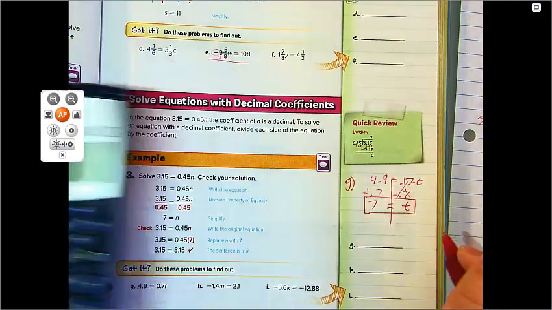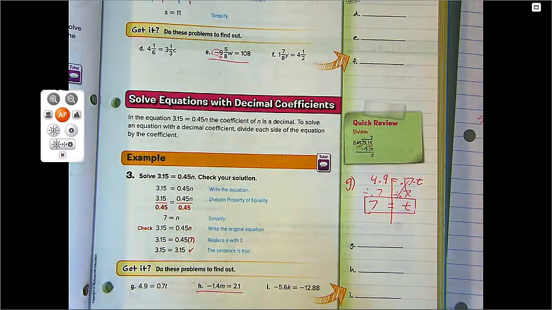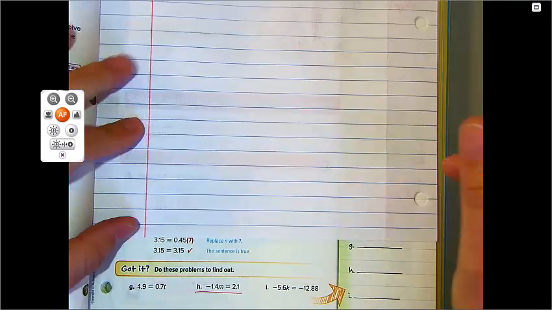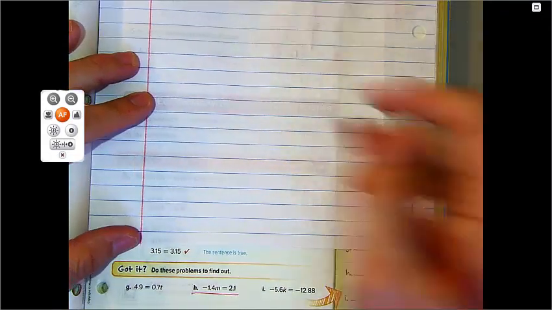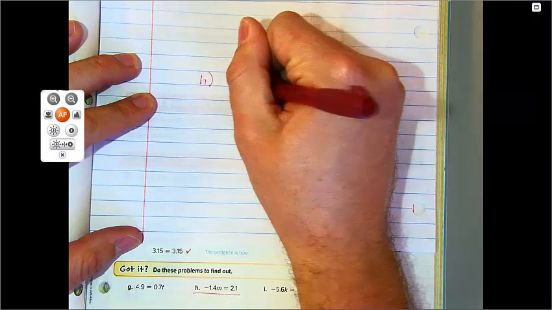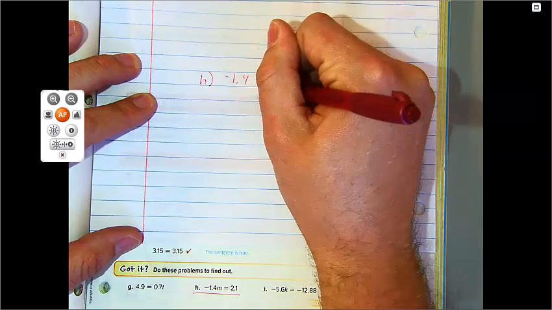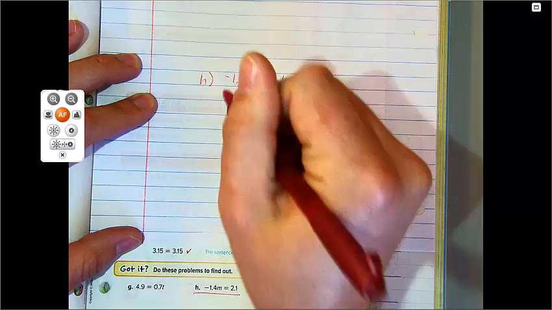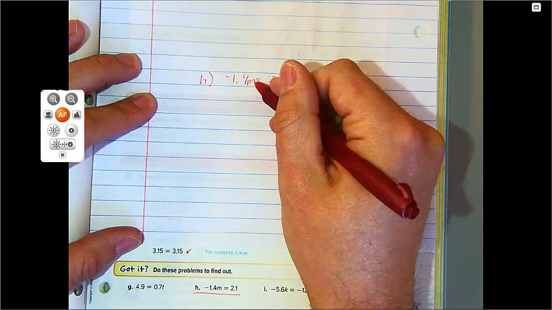Okay. Now try h on your own. Pause the video, try it on your own, and then come back to me. Okay, now that you've paused it, let's work it out together. Here we have h, which is negative 1.4 m equals 2.1. So how do I get rid of multiplying m by negative 1.4?